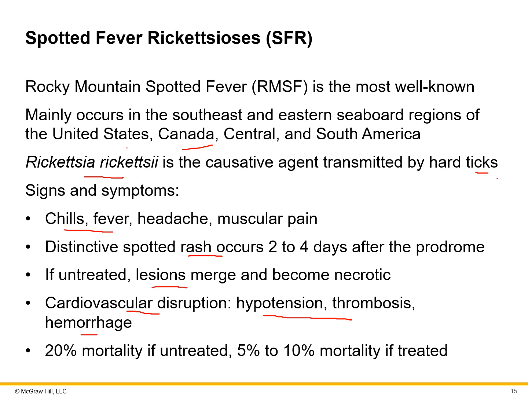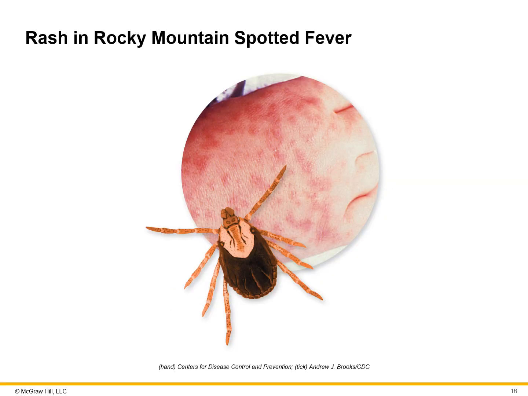And about 20% mortality if untreated. Here is the picture of the tick and what the rash looks like in Rocky Mountain spotted fever. Again, the rash doesn't show up until a few days after being infected.